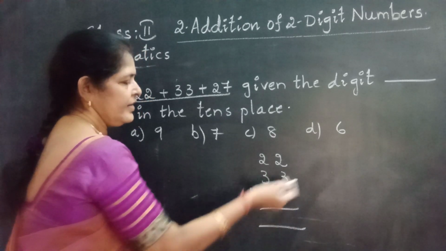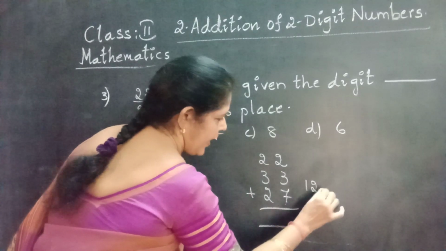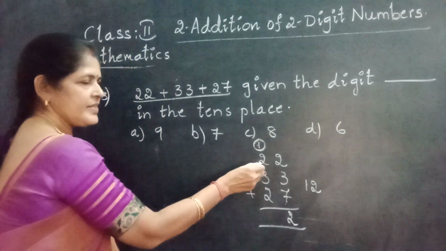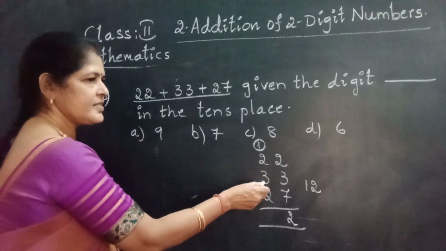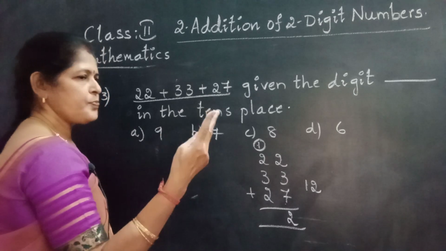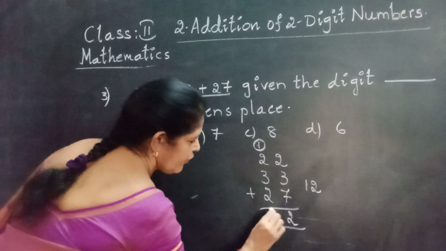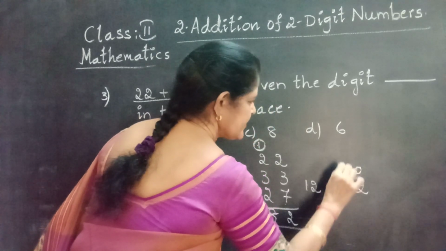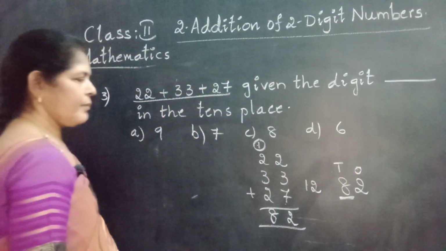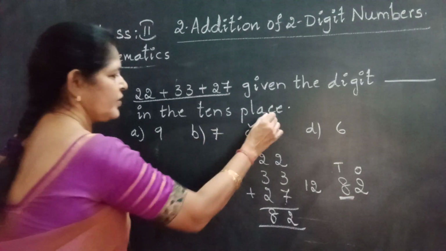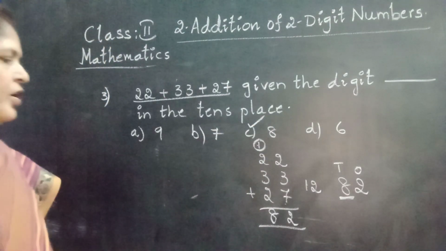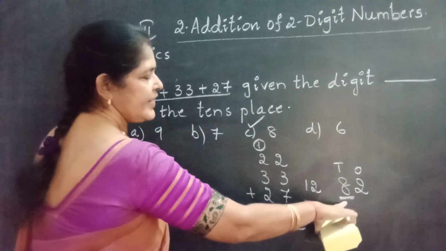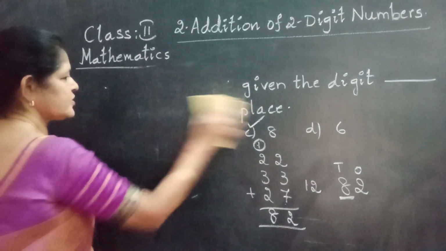We get 10. 10 plus 2, 12. 2 right here. 1 carry forward. 1 plus 2, 3. 3 plus 3, 6. 6 plus 2, 8. What is the tens place number? We get total 82. Ones place, tens place. What is the tens place number? 8. Where is 8? C. Option C is correct. After adding the numbers, we get 82. 8 is in the tens place. Next one.